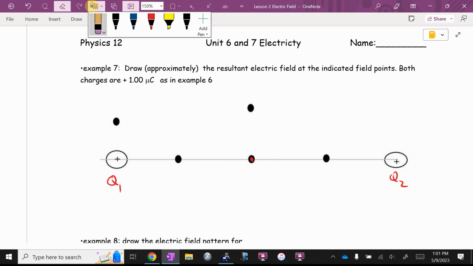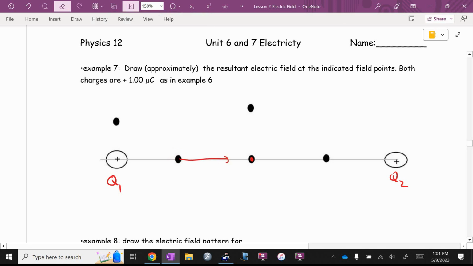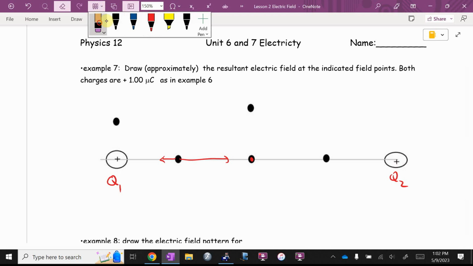Well, don't write this down, look up. There would be a big electric field to the right from Q1, a smaller electric field to the left from Q2. Why smaller? R is bigger. So what's the net electric field right there? To the right, but not quite as big. So you can draw a little arrow like that.